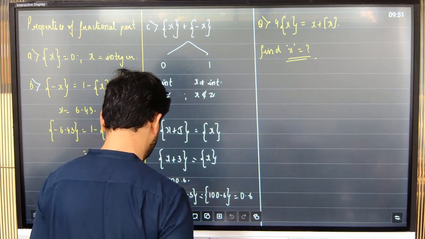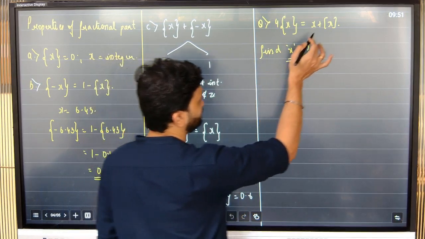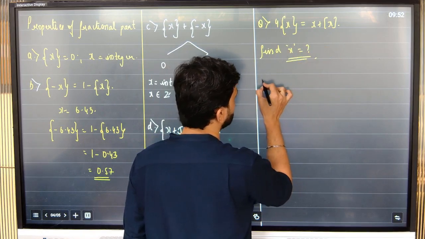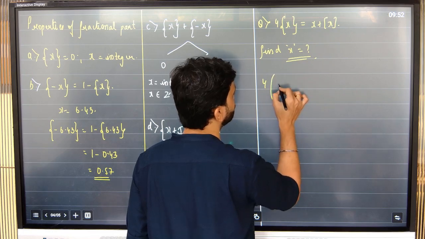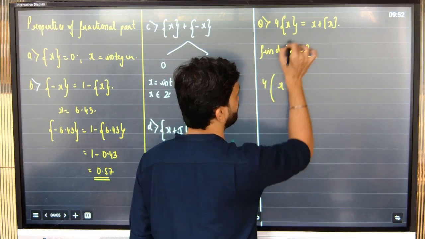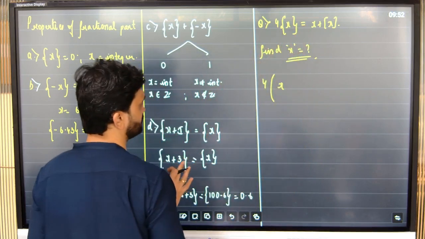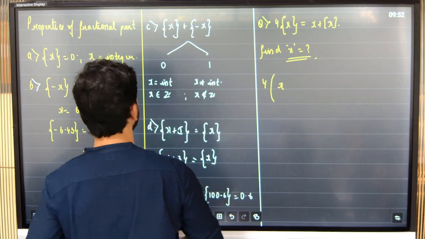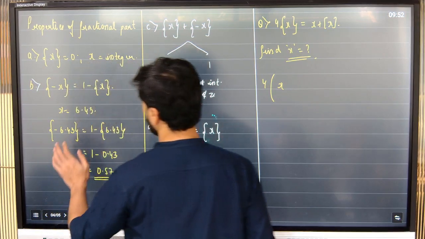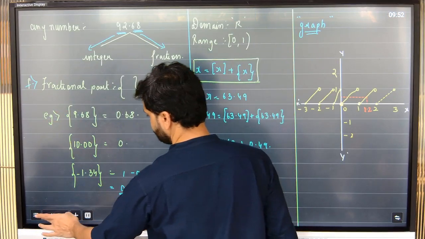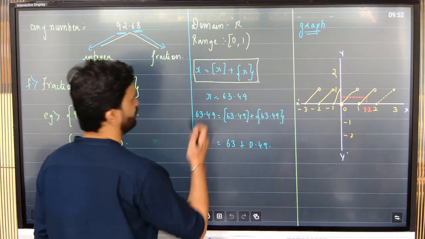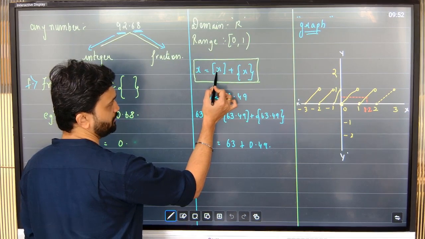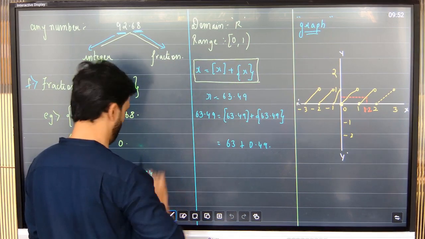Now, if I have to solve this, say for example, if I'm substituting, according to the formula, as we know this formula, x is equal to the greatest integer function of x plus the fractional part of x.